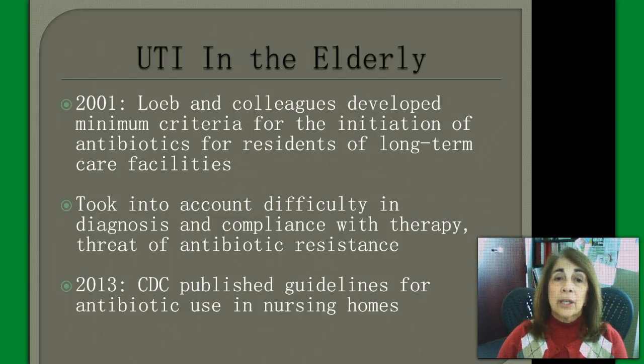This is such a significant problem that in 2013 the CDC published guidelines for the use of antibiotics in nursing homes, and I've included that reference and website for you.